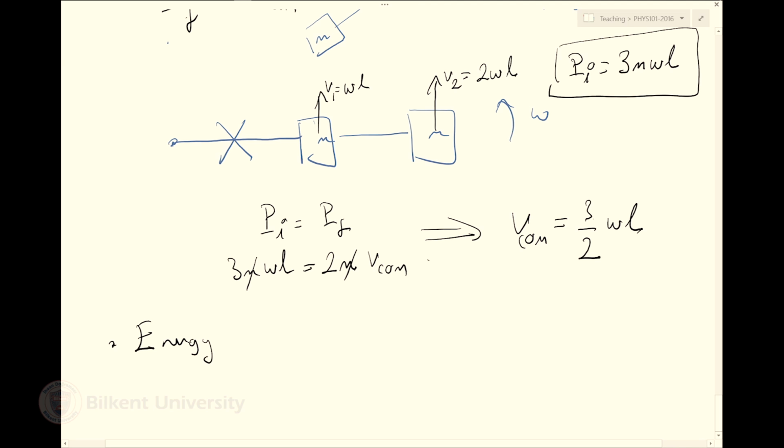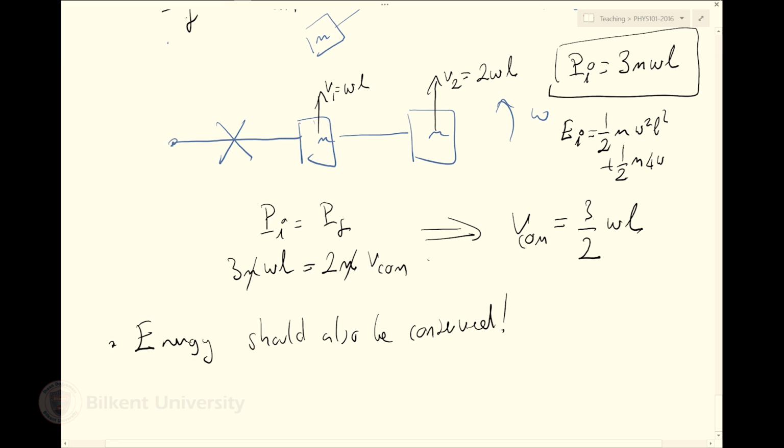Now, what's energy in the initial situation? I have 1/2 m omega square L square plus 1/2 m 4 omega square L square. So that gives me 5/2 m omega square L square.